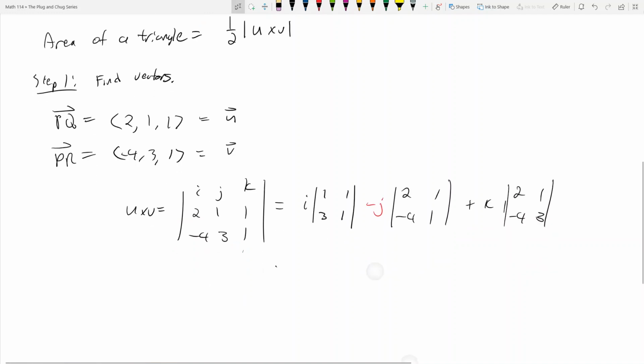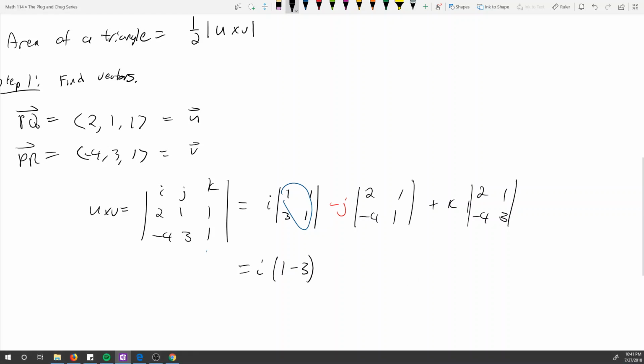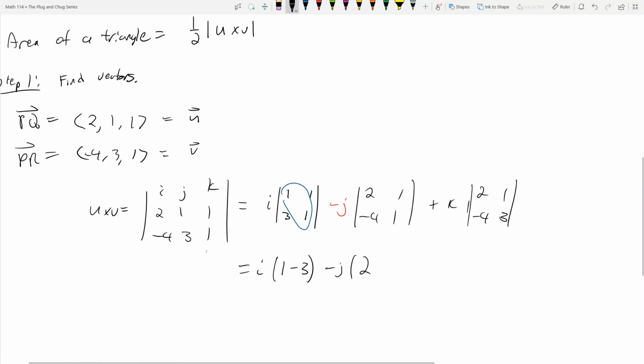And so this is i, and so what you do is you do these guys minus these guys, so the diagonal minus these guys going up. So you multiply them. So this is equal to 1 minus 3, okay? And then this is minus j times 2 minus a negative 4. All right, you see how that works? So 2 times 1 is 2, and then you minus a negative 4, okay?